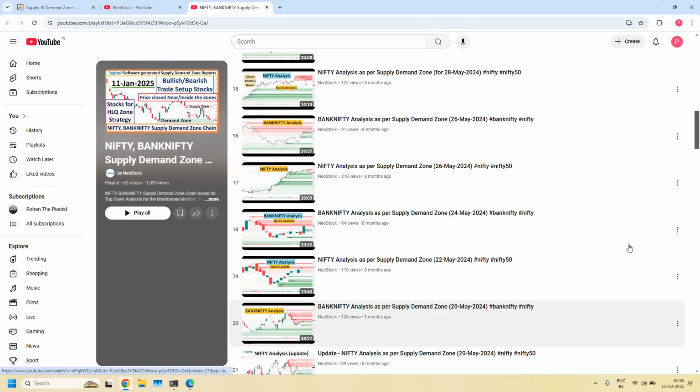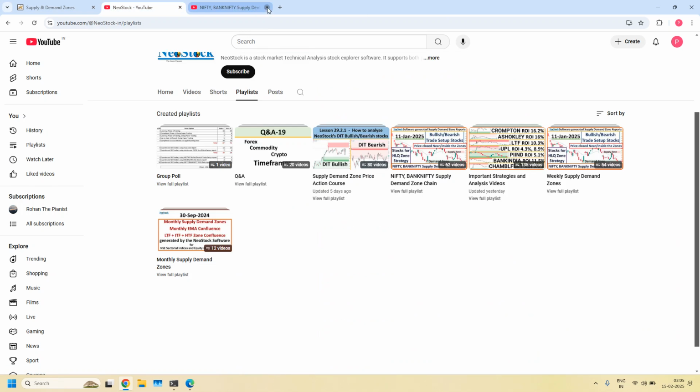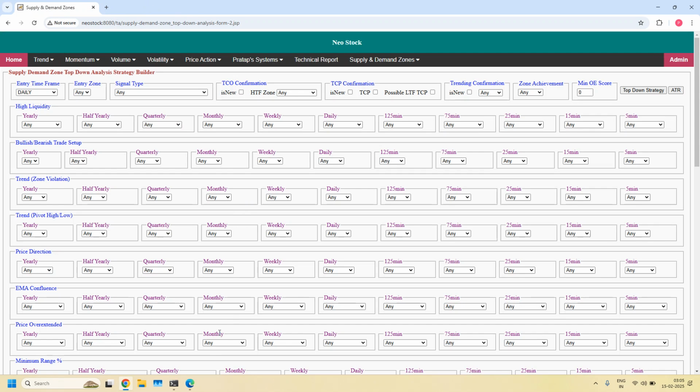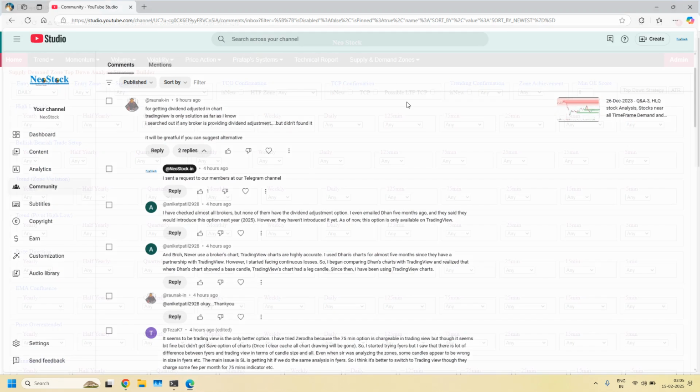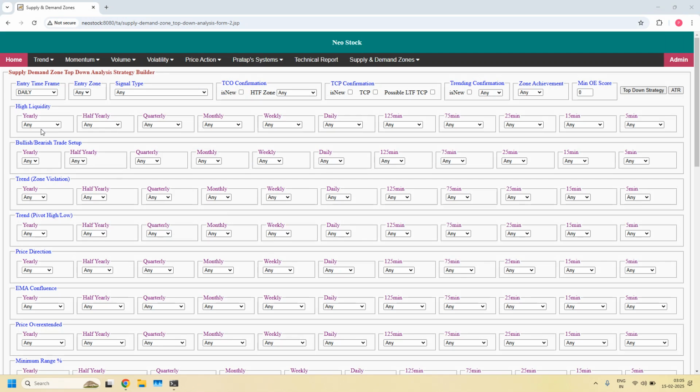Now let me generate the reports. So the first report is finding the stocks near demand and supply zones for different time frames. During this process, I will be generating for higher time frames from yearly to daily time frame.